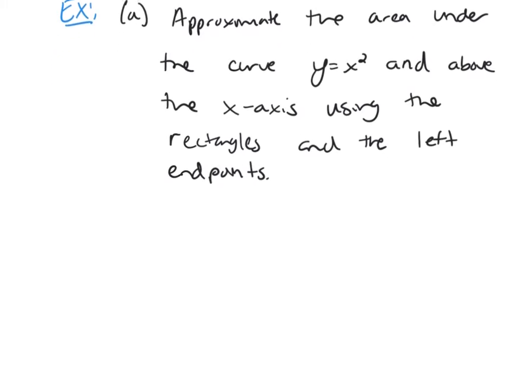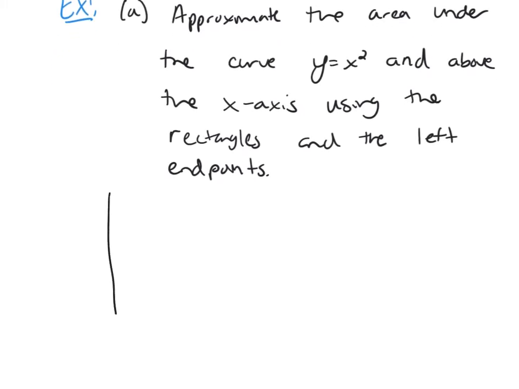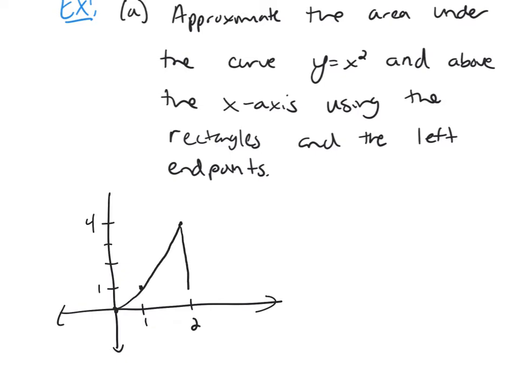So it's going to help us if we have a picture of our graph of our function. So I'm going to regraph our function that we looked at earlier. Okay.